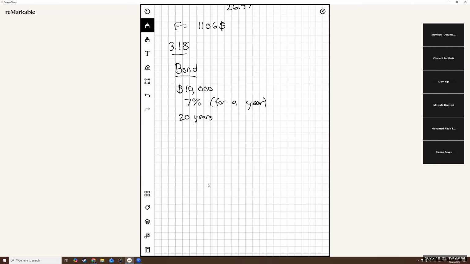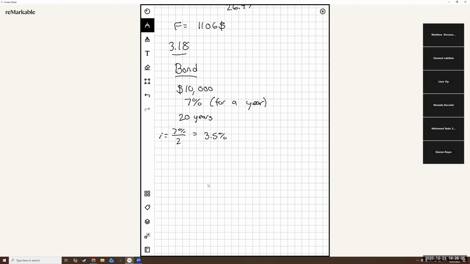So how much of this bond do we owe semi-annually? Well, it will be 7% over 2, which is 3.5%. Every 6 months, you owe 3.5% of 10,000.